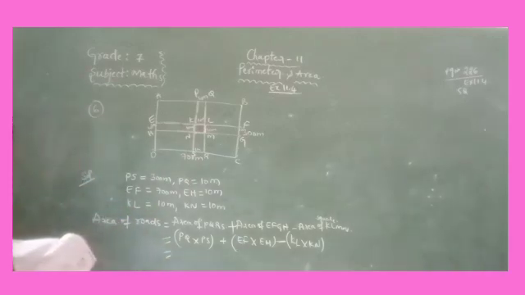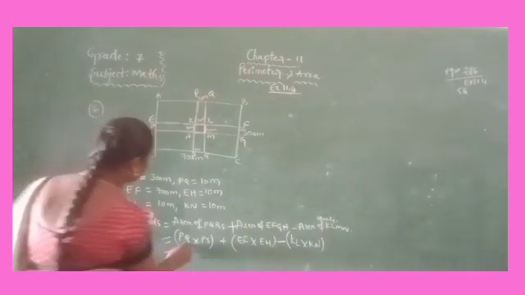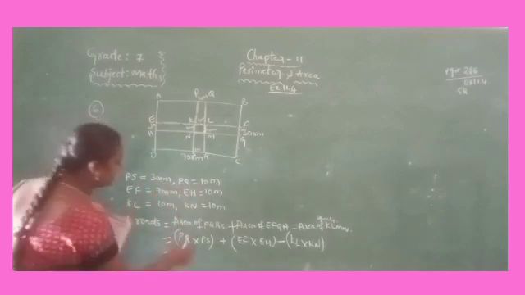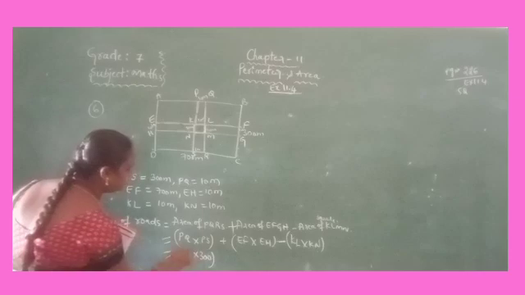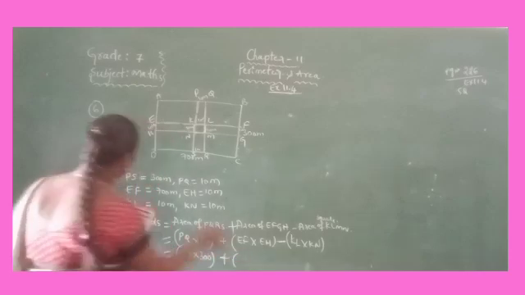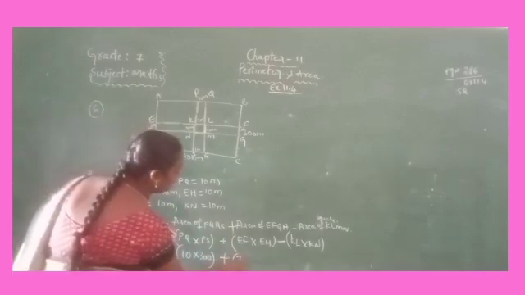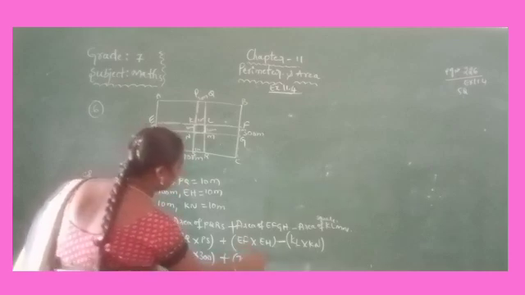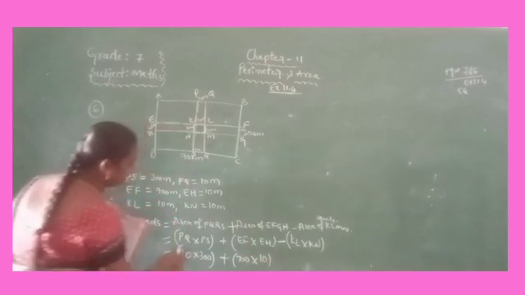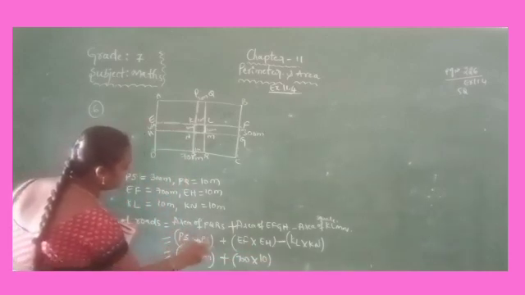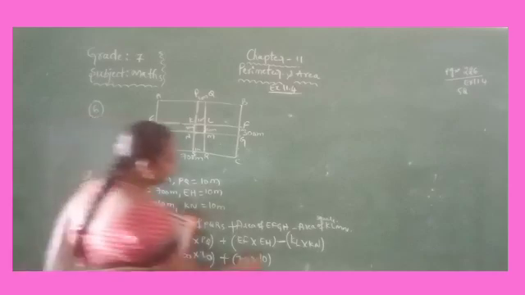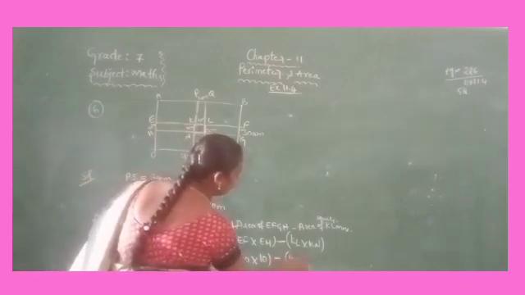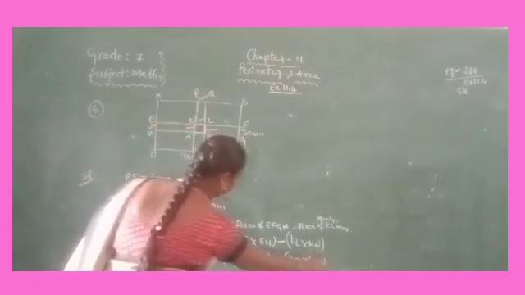Right. Next, the width is PQ and the length PS is 300, plus EF is the length, 700, into EH, which is 10 meters. Here you write now: PS into PQ, so order-wise we can write length into breadth. Similarly here, 10 meters into 10 meters.